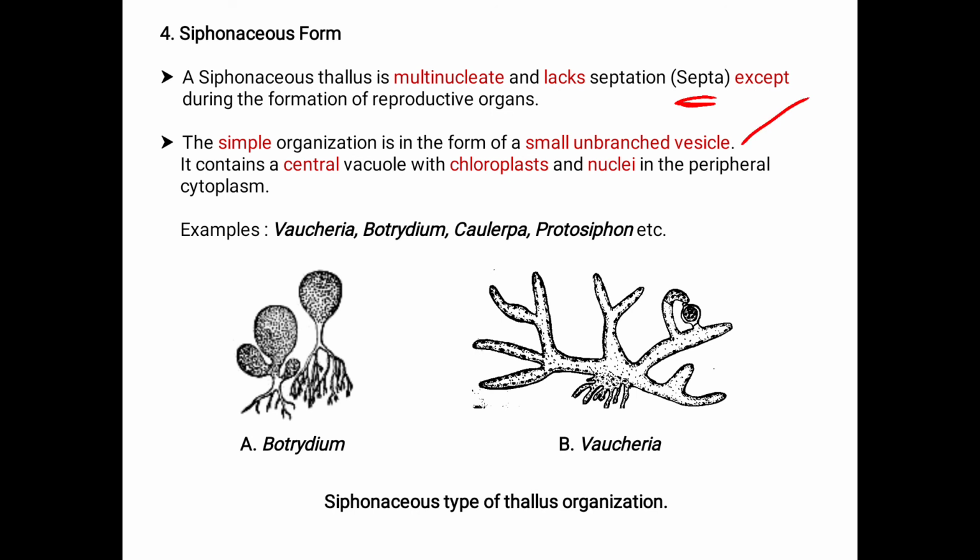It contains a central vacuole with the chloroplasts and nuclei in the peripheral cytoplasm. The examples are Vaucheria, Botrydium, Caulerpa, and Protosiphon.